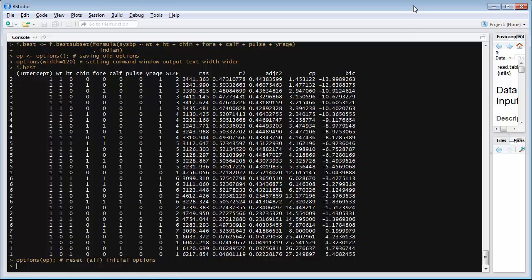So this is the output for the Indian dataset. It's sorted by BIC, so we have the lowest BIC first. We want to minimize BIC, so this is the best model here at the top, and then the BIC increases from there. The other statistics basically do the same thing, but not exactly, right? So the CP statistic starts small, we want to minimize that, and basically gets larger, but not at every step, right?